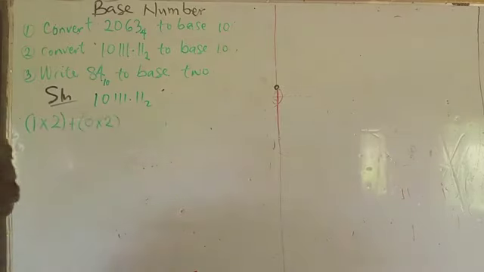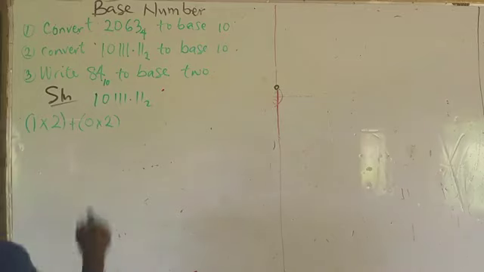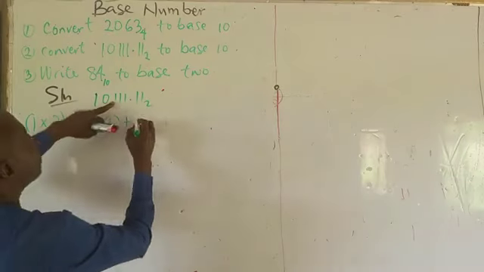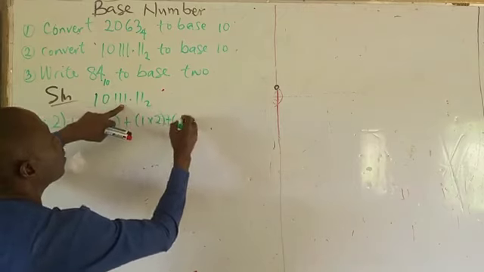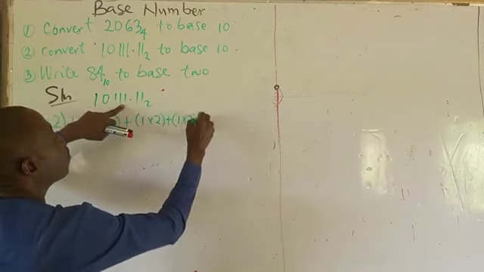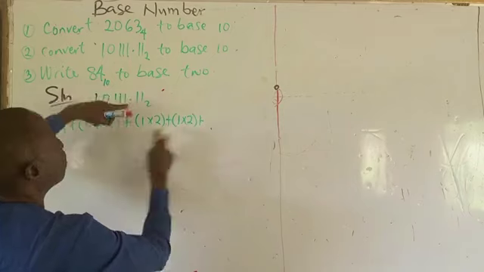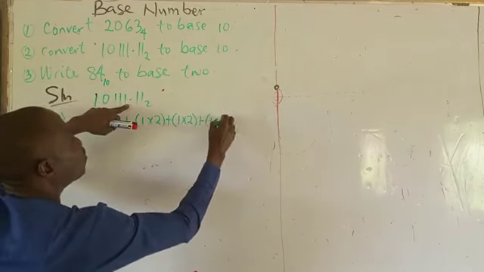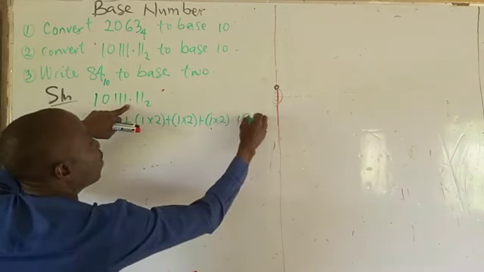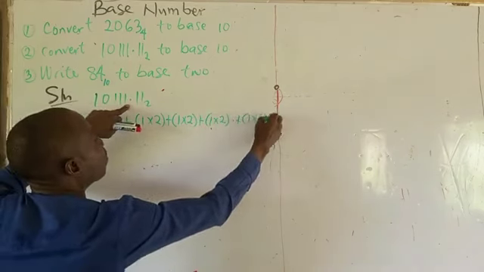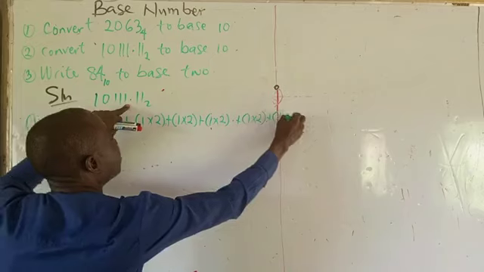It is the base, base 2. The base that you are converting from is what you multiply each of the digits with. And the third digit is 1. 1 times 2 plus 1 times 2 plus 1 times 2 plus 1 times 2 plus 1 times 2.